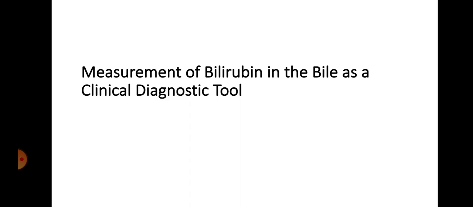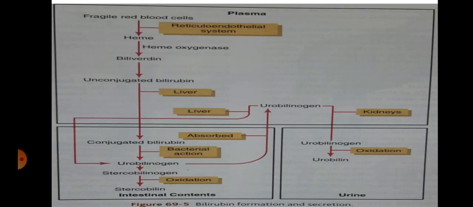The first substance formed is biliverdin, but this is rapidly reduced to free bilirubin, also called unconjugated bilirubin, which is gradually released from the macrophages into the plasma.